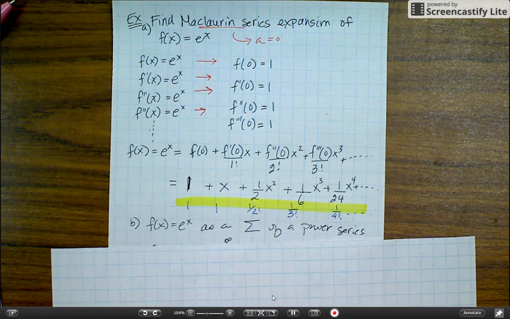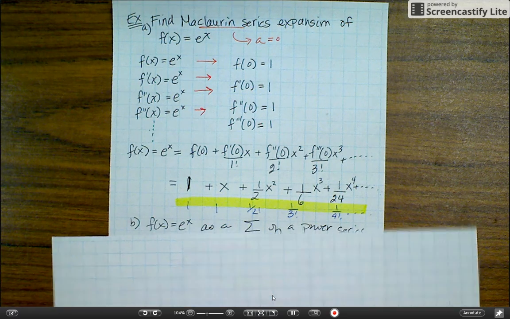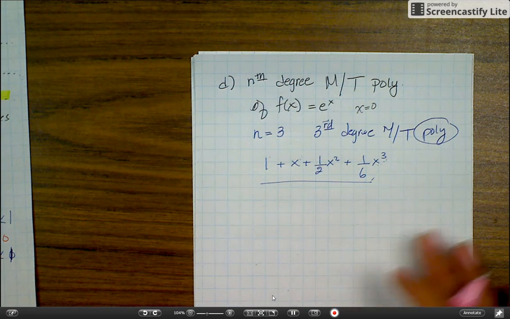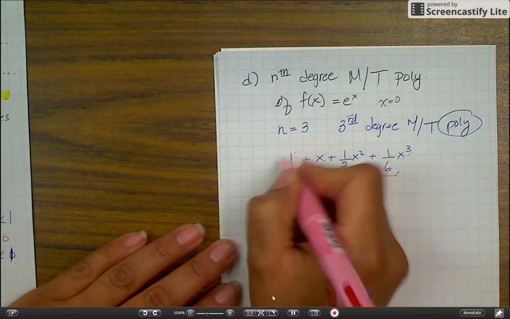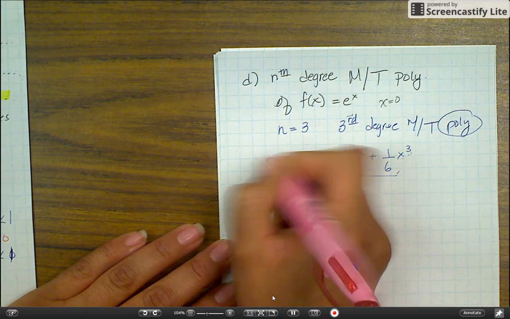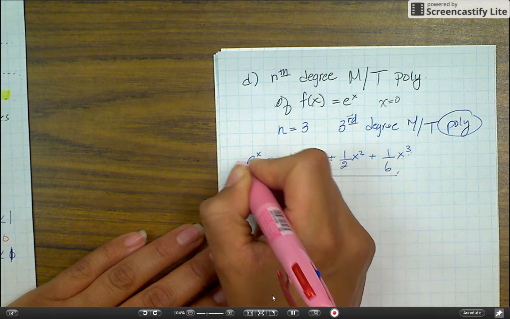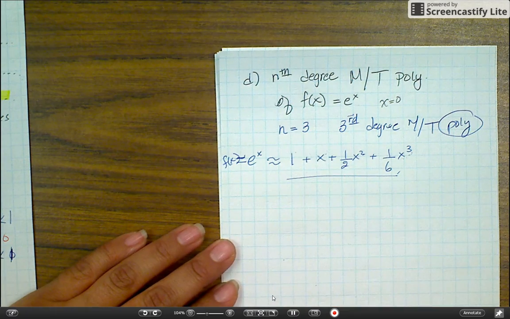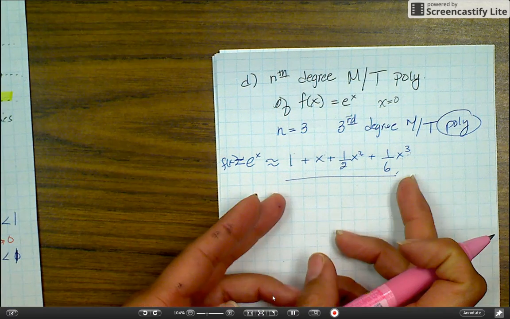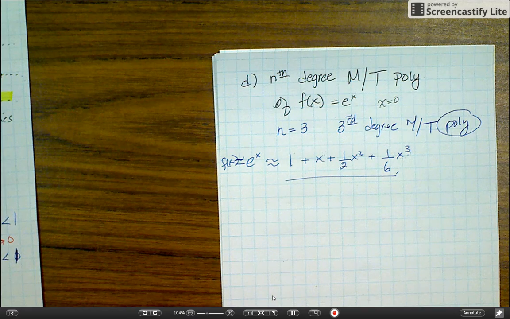But if I were to do a polynomial, I can use this polynomial to approximate my e to the x. So that means that this is approximately e to the x, which is equal to f of x. That would be my notation, because we are using this to approximate, okay?